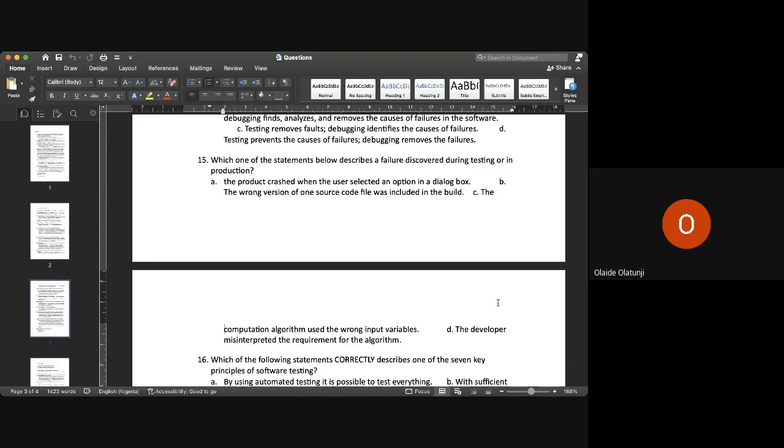Failure is just a way of not allowing you to achieve the goal you intend to perform. Do you understand? So it's not the computation algorithm used the wrong input variables. So what do you think the answer is? Which of them is like failure discovered during testing?